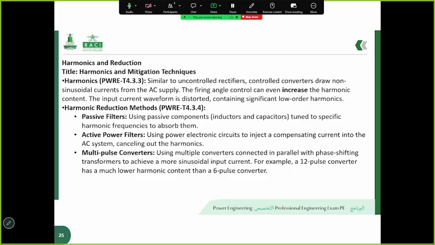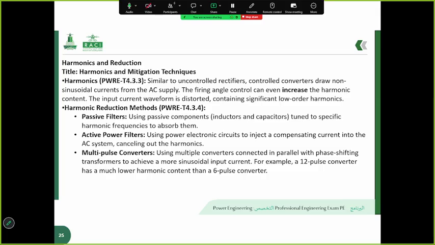Active power filters use advanced power electronic circuits to inject compensating currents into the system, effectively canceling harmonic components and improving waveform quality. Another important technique is the use of multi-pulse converters, where multiple converter units operate together through phase shifting transformers to produce a more sinusoidal input current.